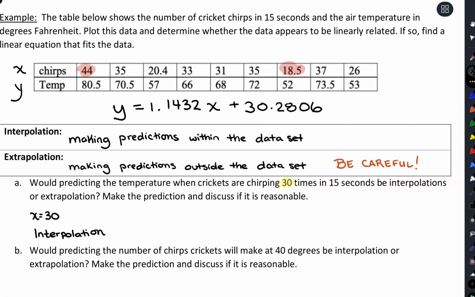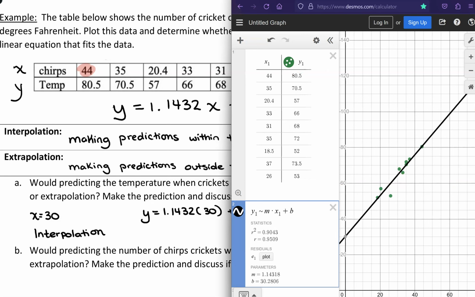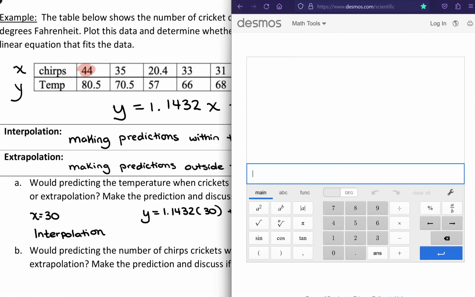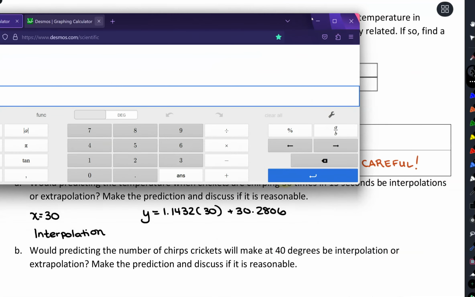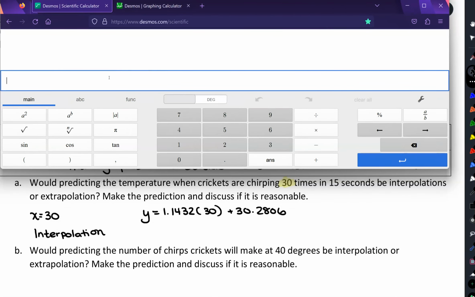So to make the prediction, what we're going to do is plug in x equals 30. So I'm going to have y equals 1.1432 times 30 plus 30.2806. So with that, let's go back to our calculator. All right.